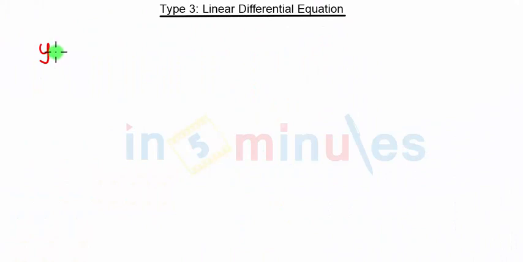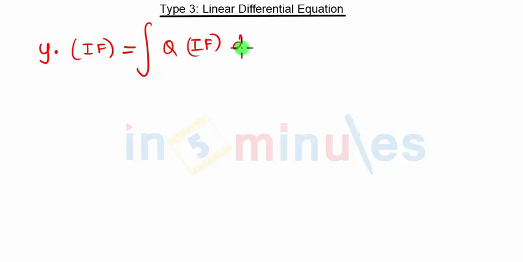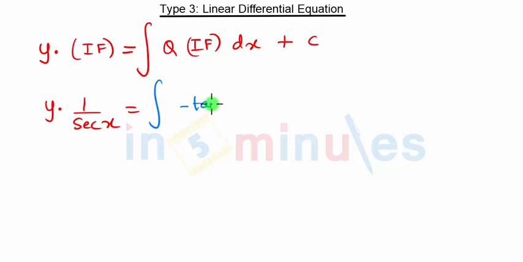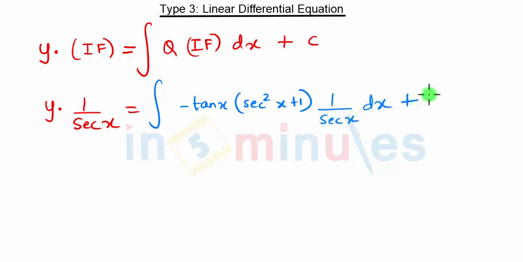Therefore the solution is given by y into integrating factor is equal to integration of q into integrating factor into dx plus some constant. What is the integrating factor? The integrating factor is 1 upon sec x, equal to integration of, what is q? q is minus 10x sec square x plus 1, into the integrating factor, 1 upon sec x, into dx plus c.